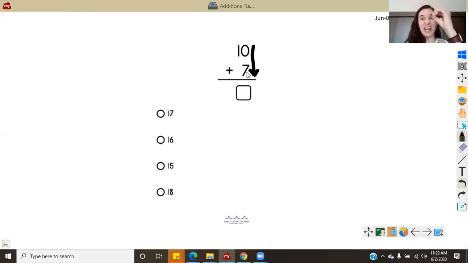If I have 0 and I'm adding 7 more, I get the number 7. And then you go over to your tens place and you add down. 1 plus, when nothing is there, that tells us that there's 0. So 1 adding 0 more is 1, which means our number.